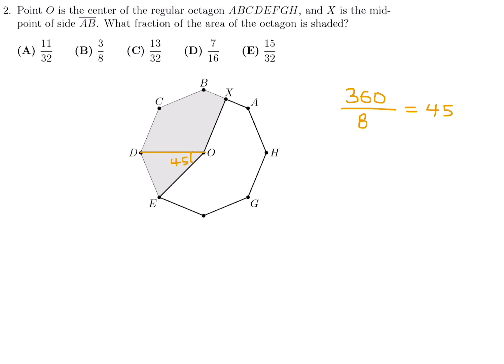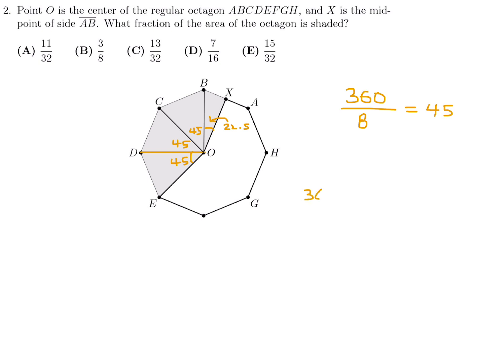Well, how many of these do we have in the shaded region? We've got that, and half, because X is the midpoint. So we've got 45 degrees here, 45 degrees here, and here we have half of 45 degrees, which is of course 22.5. So the area can be assessed just with the angles.